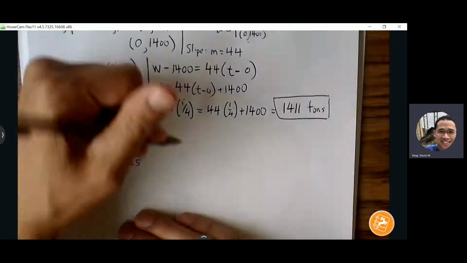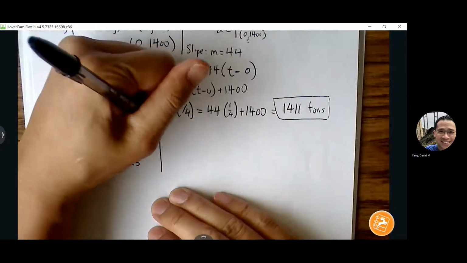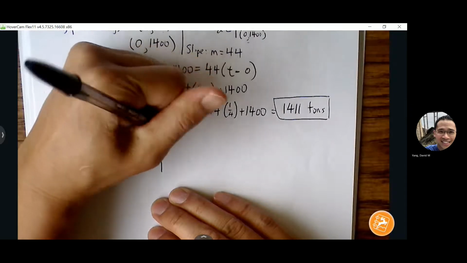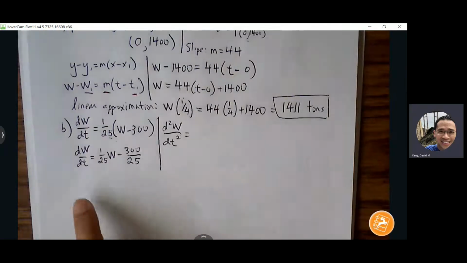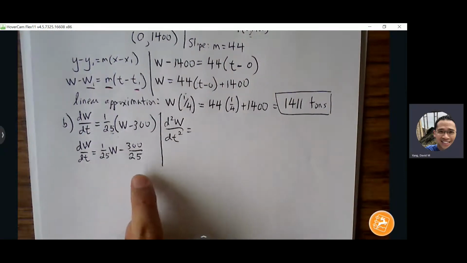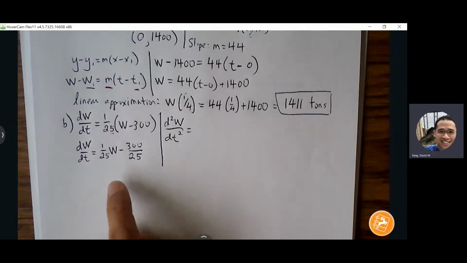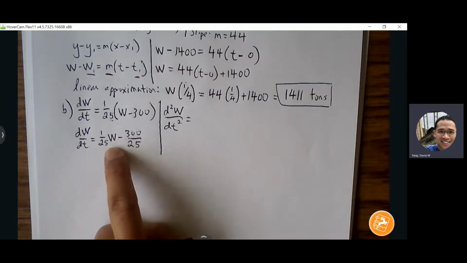All right, let's go ahead and find the second derivative here. We know that dw/dt will turn into d2w over dt2. That dt tells us that time is an independent variable here, so every variable is going to be impacted by time, kind of like related rates a little bit. So what do you think 1/25 w will turn into if we find the derivative of this variable?